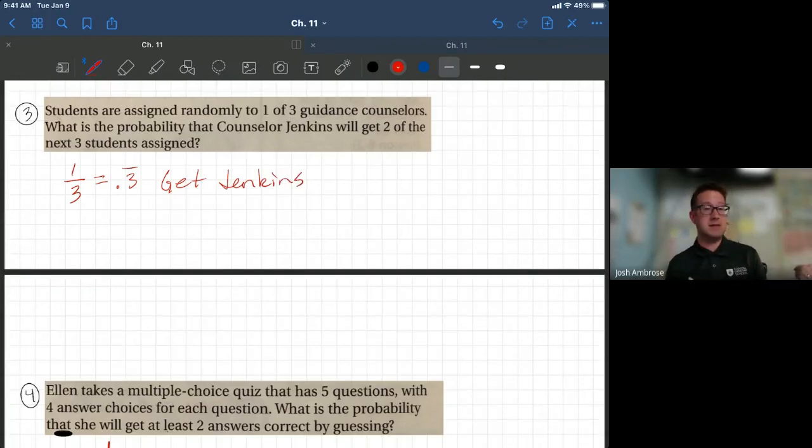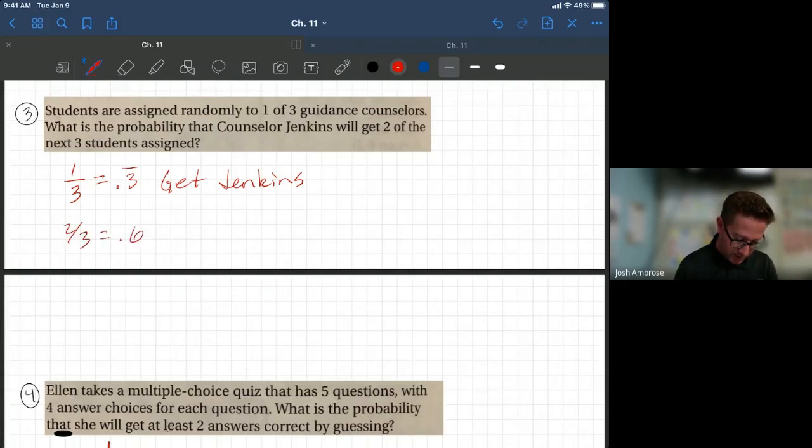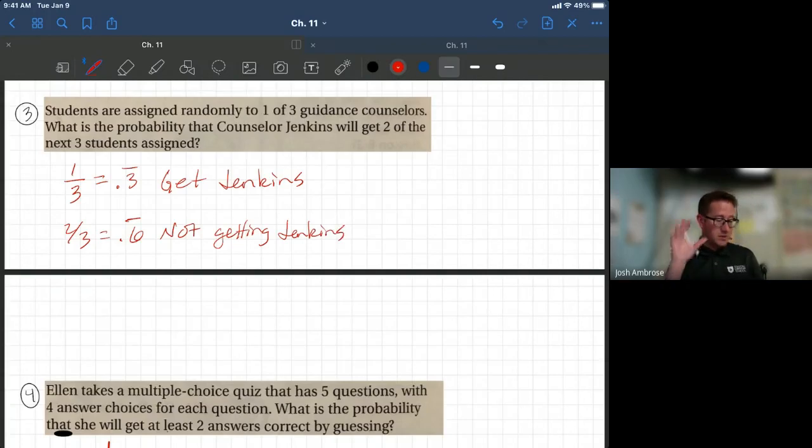Well, that means the exact opposite, or the rest of it, 2/3, which equals 0.6 repeating, is not getting Jenkins.